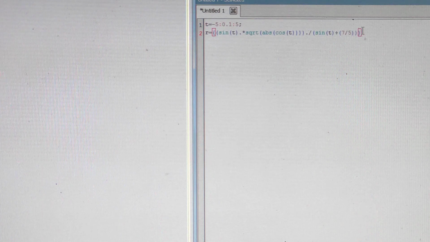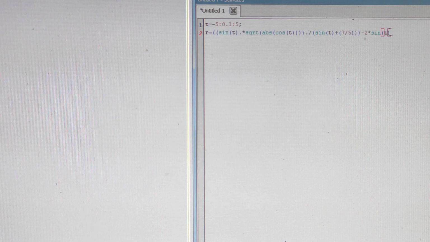After that minus 2 into sin t, 2 sin t, then plus 2. Okay, then semicolon, then enter.